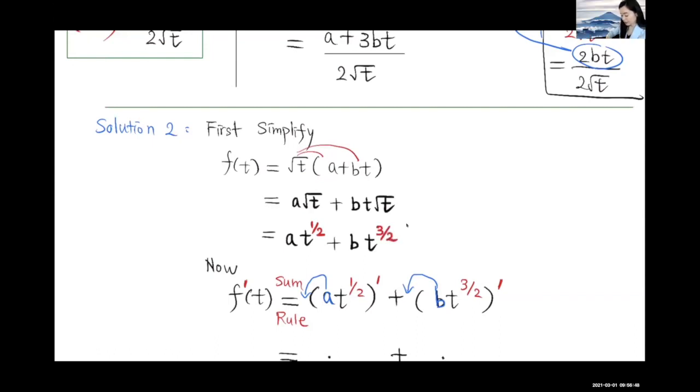Yes, you got it. So t times square root of t, that is t to the first power times t to the 1/2 power. So when you combine the exponents, you get this 3/2 power over here.